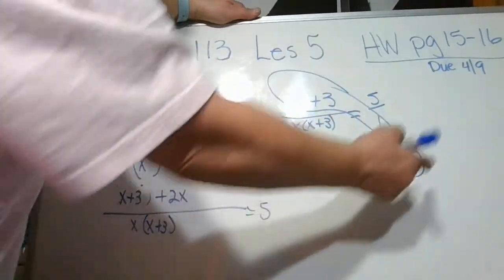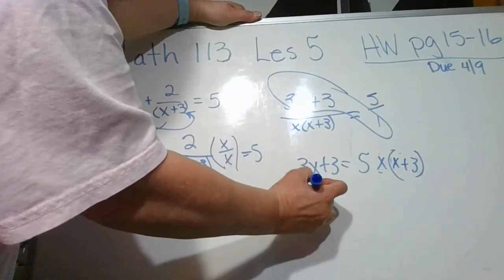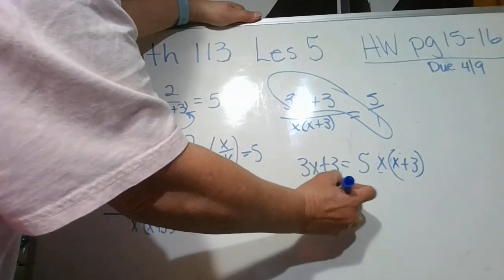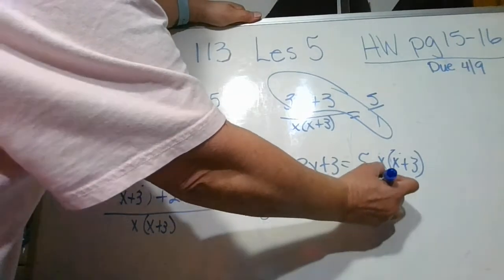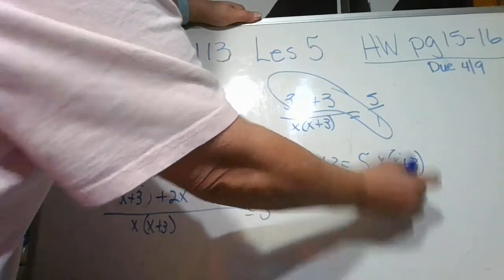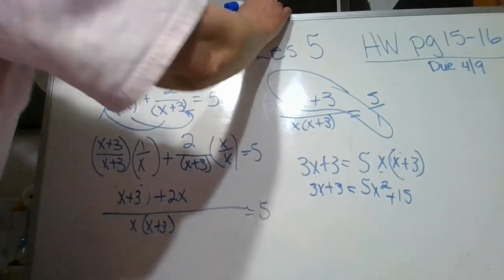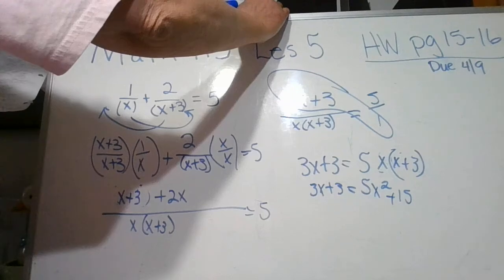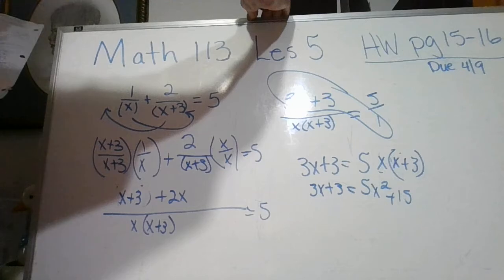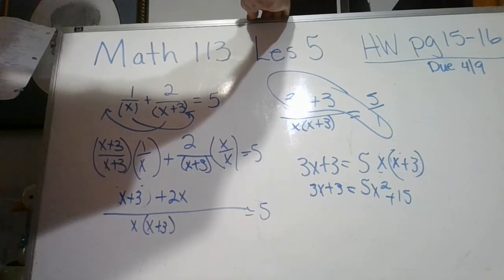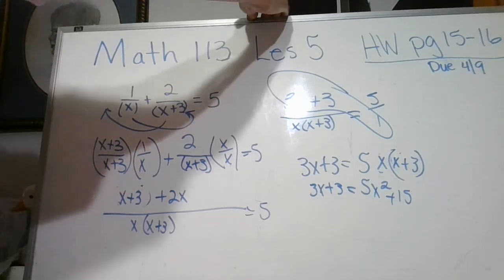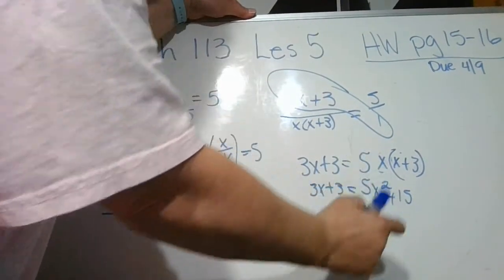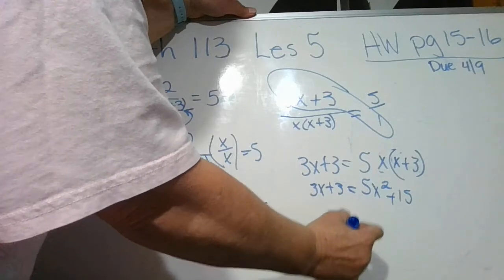So let's go ahead and distribute over there. I'm going to have 3x plus 3 is equal to 5x squared plus 15x. Make sure I copied that all right. 5x squared plus 15x equals 3x plus 3. Okay. Yep. So there's my positive 5x squared.